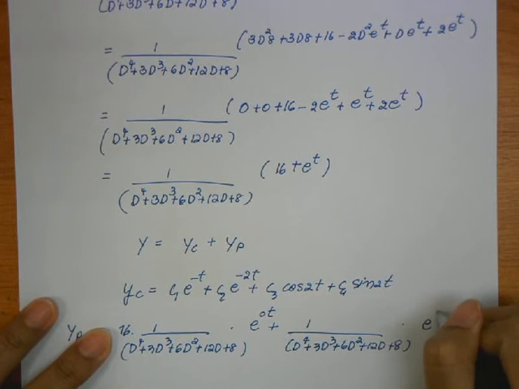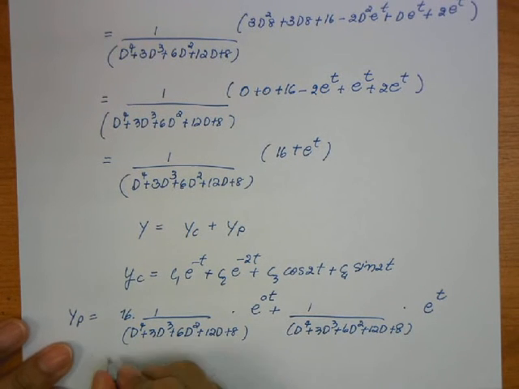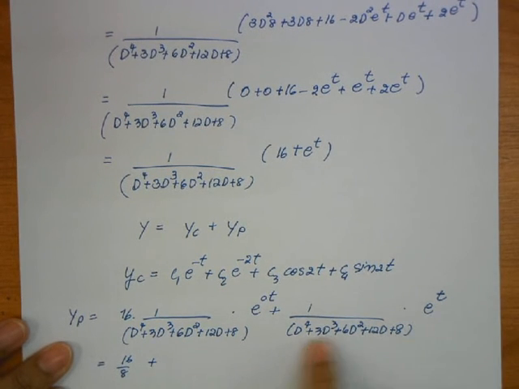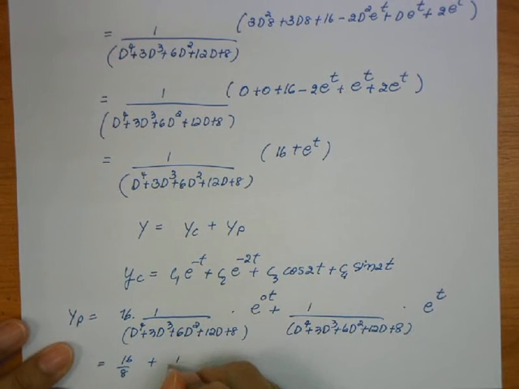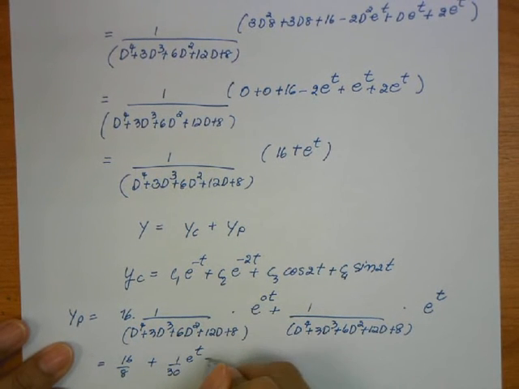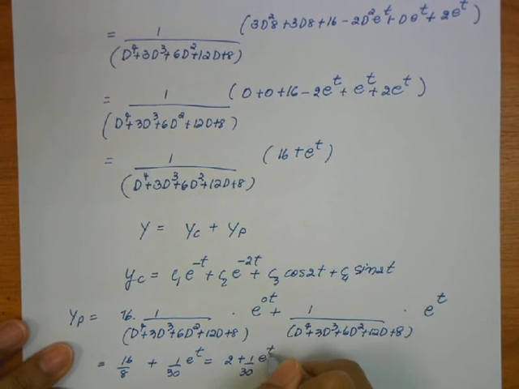Exponential of t. Okay. Put a equal to 0 into every term of D, you would get 1 over 8. So 16 over 8 plus a, where a is equal to 1. Put 1 into every term of D, 1 over 30, so 2 plus 1 over 30 exponential of t.